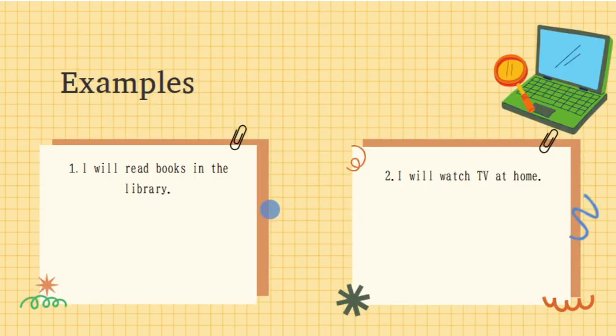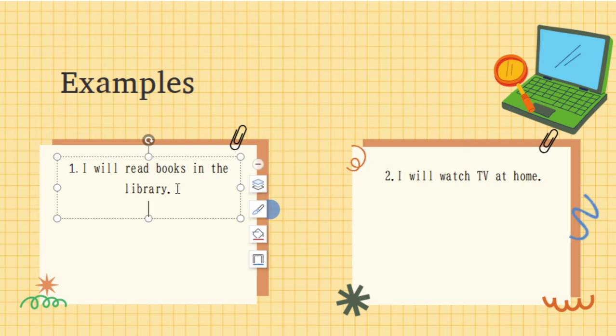So for example, we have here, I will read books in the library. So I will read books. Ang I natin is watashi. Watashi wa. Ang library natin is the toshokan. Toshokan de. So since the event happens at the library, you will read a book in the library.